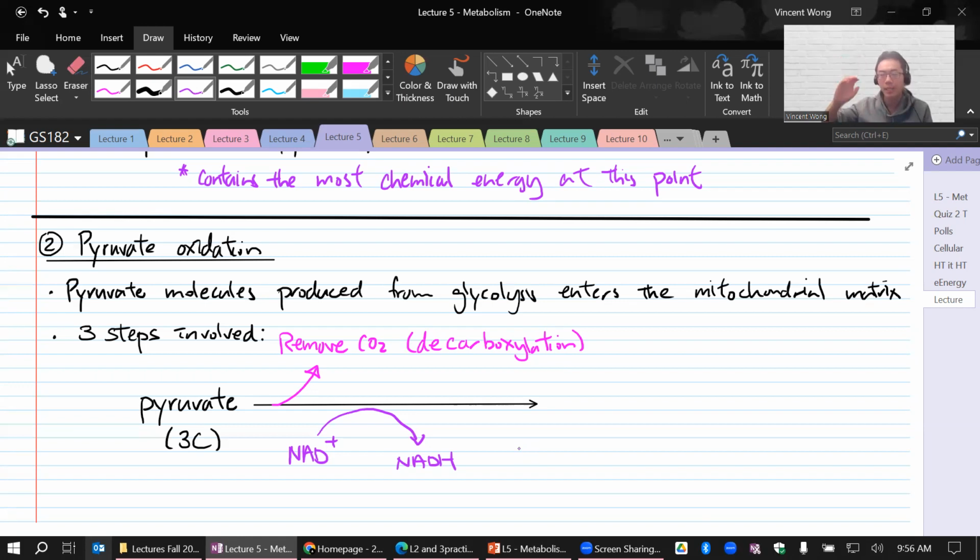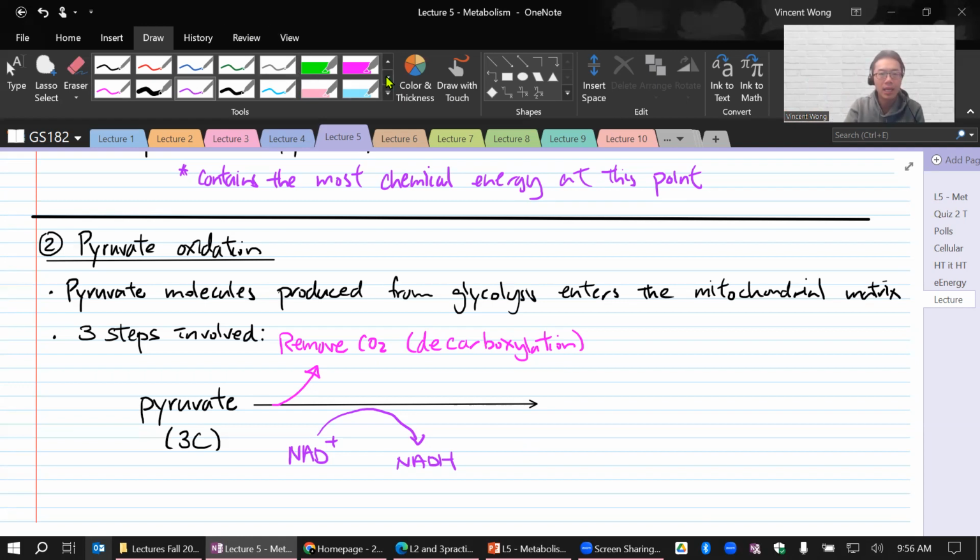Remember, at the very beginning, we invested 2 ATP to energize the molecule. But then we produced so much ATP, we ripped so many electrons from it. By this point, the molecule is not really willing to react further. So we want to re-energize it. We want to recharge it so that it can react more in stage 3.